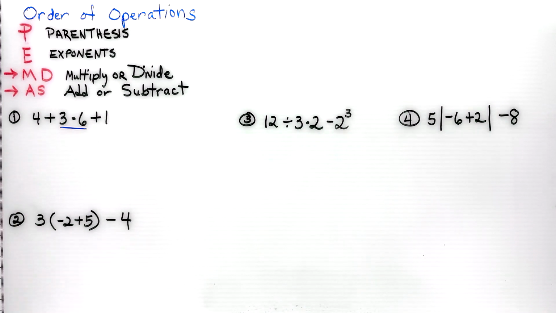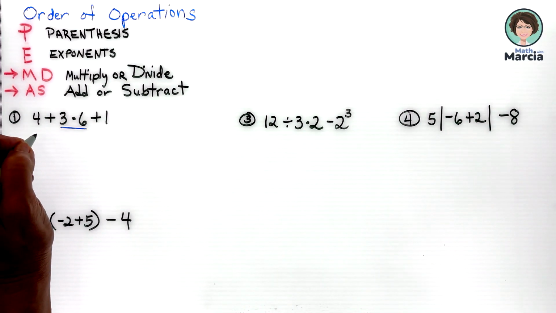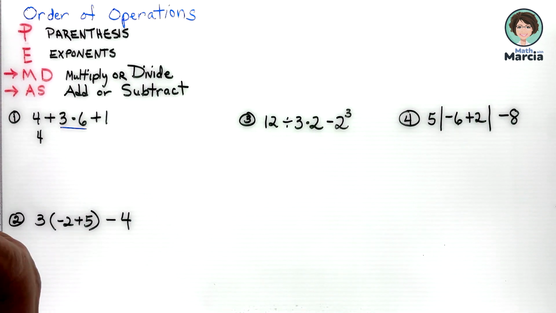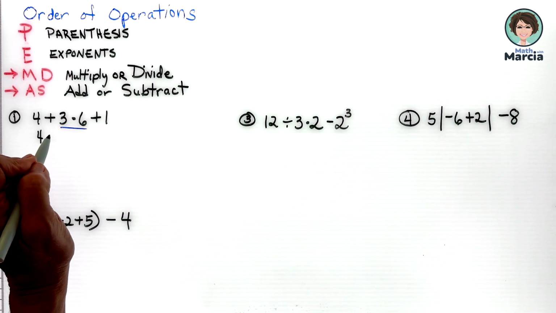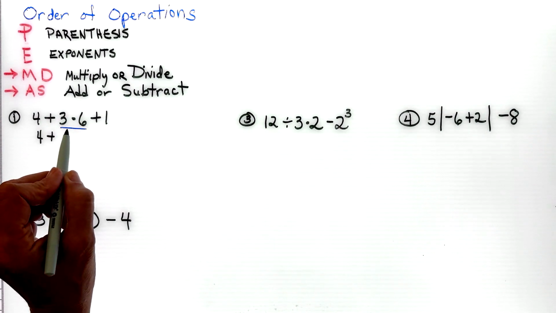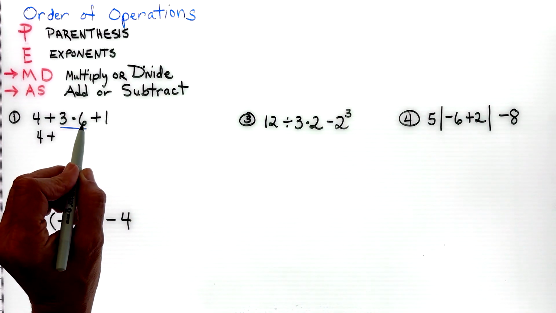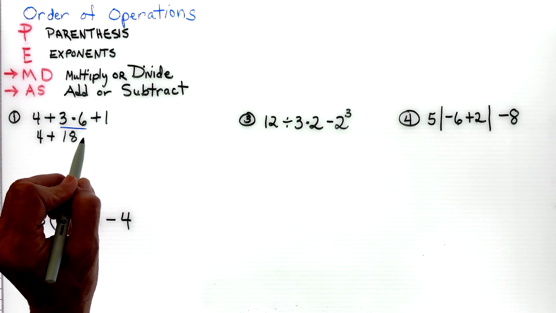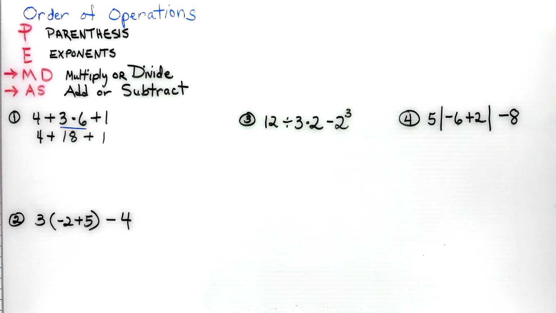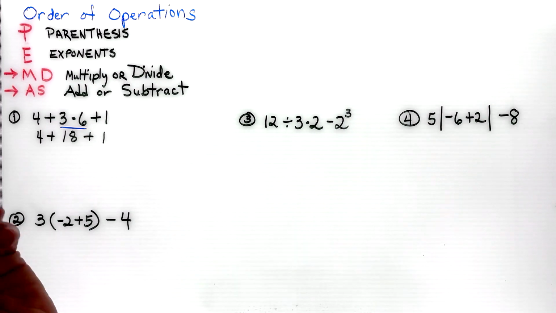So starting to solve this problem, I am actually going to go ahead and write my 4 that I can't do anything with. I'm going to do this operation, which 3 times 6 we know is 18, and I'm copying the rest. So each line, I am only going to do one step, and I will follow the order of operations.